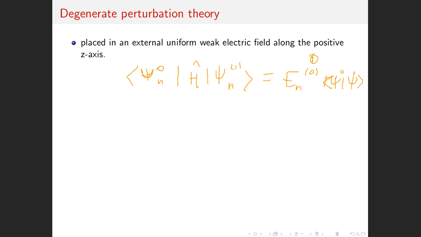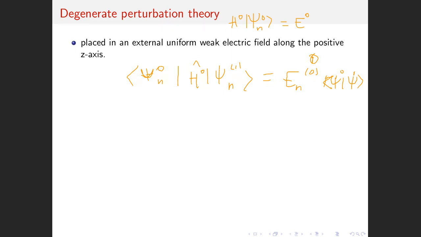And the reason for that is that psi 1 and this was h0, right? So all we knew from the unperturbed part of the problem was that h0 acting on psi 0 gave you en0.